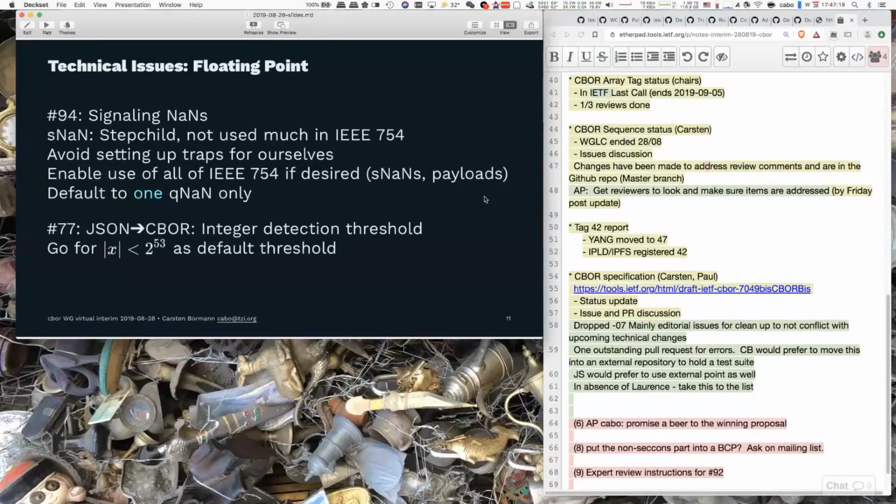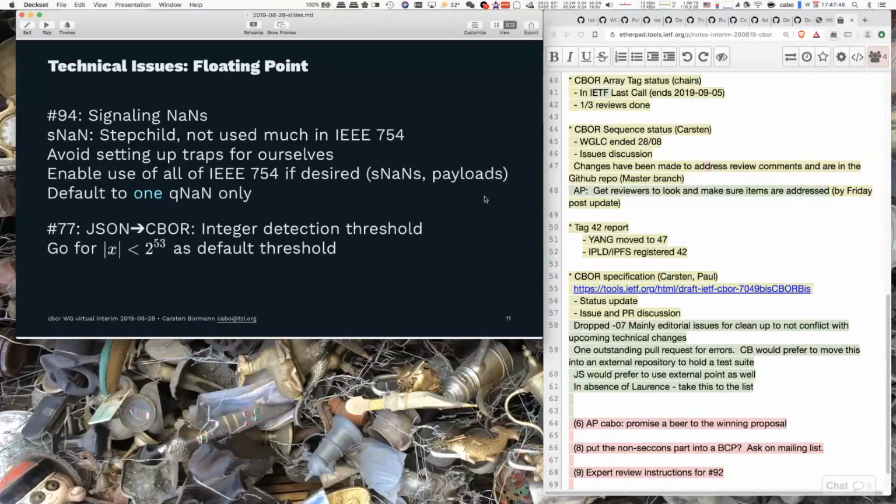So we have to find a balance there. And I think that the problem really is that not that many people have had interoperability problems in this space yet. So even after 5 years, it mostly has worked because people never really needed any more than that one quiet NaN.